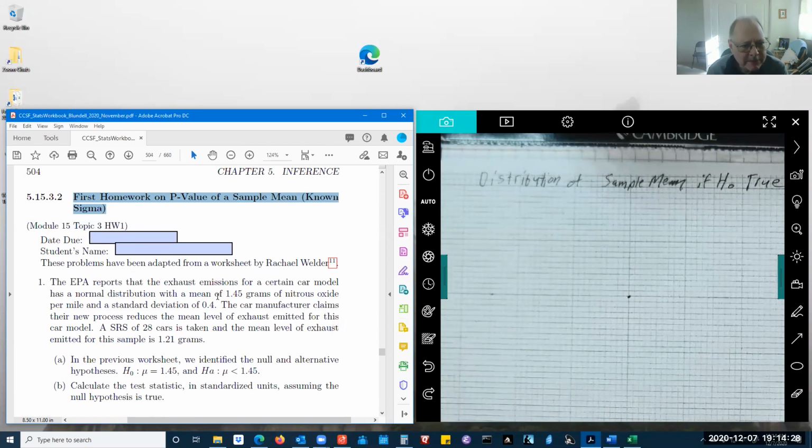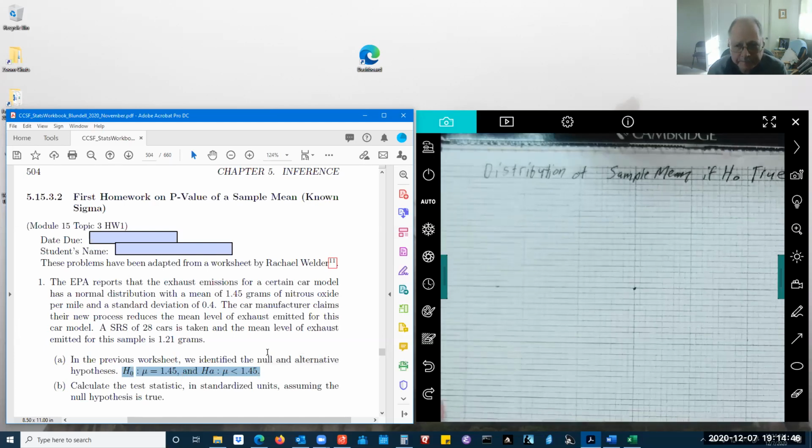They have this null hypothesis that the mean car exhaust emissions are 1.45 grams per mile for a sample of 28 cars. And we're testing that against the alternative that the population mean is less than that.